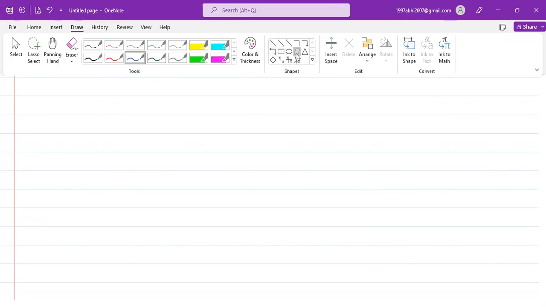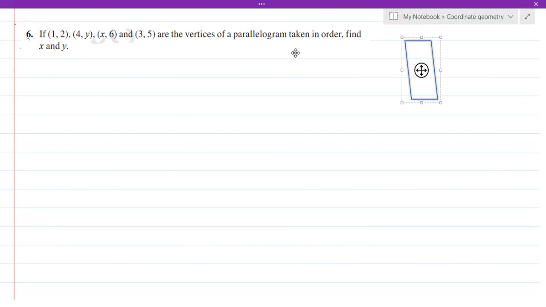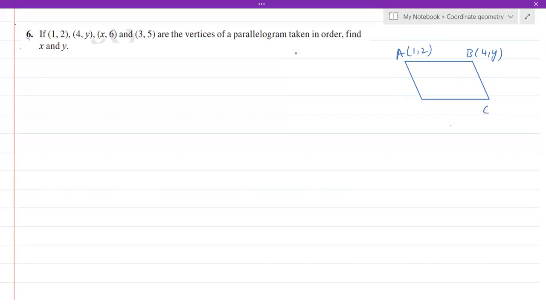Okay, so let's take a parallelogram like this. Let's say this is A. The coordinates of A is 1, 2, and let's say the coordinates of B is 4, y, and this will be C, whose coordinate is x, 6, and this will be D, whose coordinate is 3, 5.